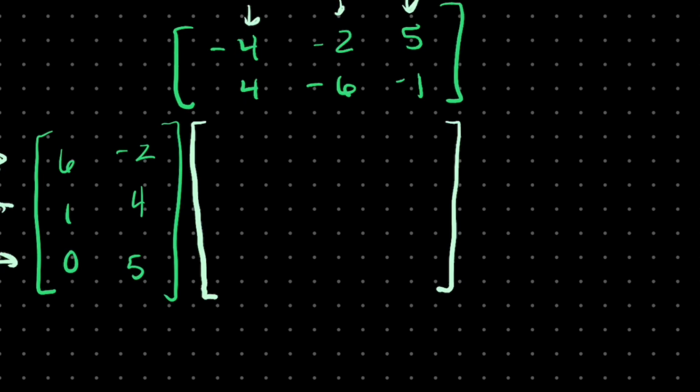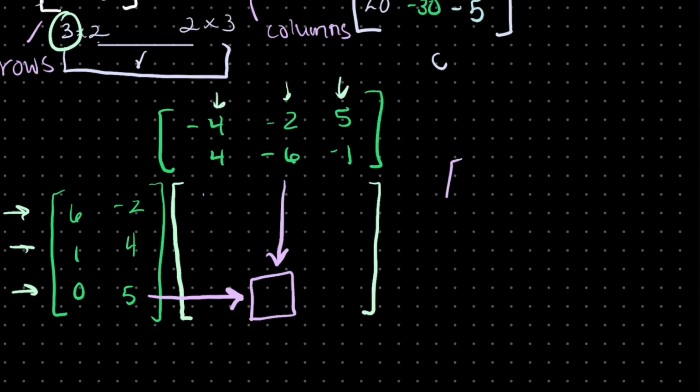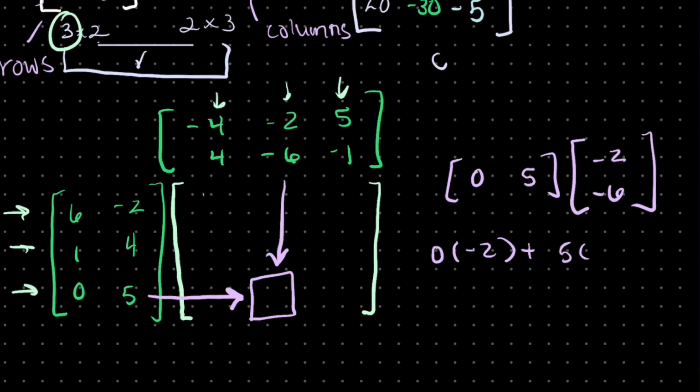So say I want to find this one right here, because there's going to be 9 blanks. I want to find this one, the middle of the bottom row. That is the term I am looking for. I'm going to use this row and this column. It still is the same process of first times the first plus second times the second.